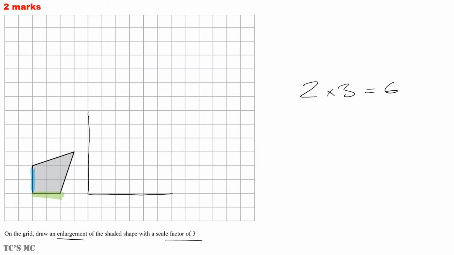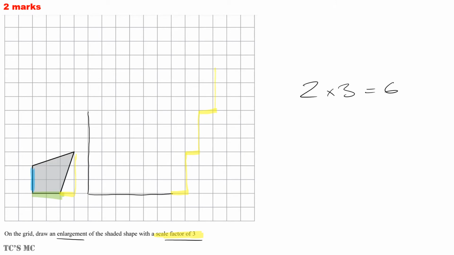So we need to go 6 squares upwards. Now for the diagonal, we aren't going to go across like this. Instead, what I do is I go across 1, up 3. And because the scale factor is 3, I'm going to do that 3 times. So across 1, up 3, across 1, up 3, and one more time, across 1, up 3.